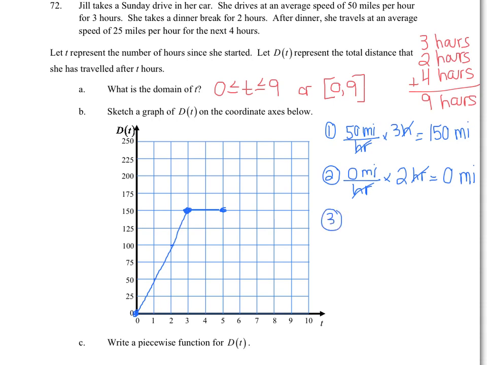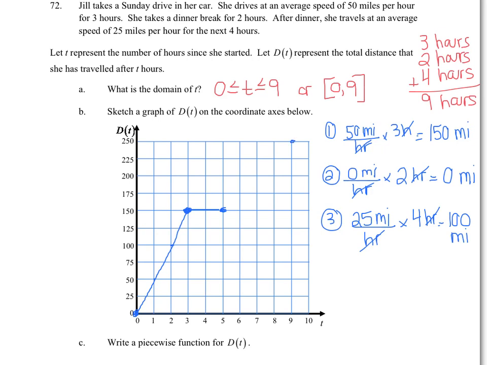Finally, with the third part, she's traveling 25 miles per hour for a total of 4 hours. 25 times 4 is 100. So she travels 100 miles. So from 150 miles, for another 4 hours, she's traveling another 100 miles, meaning she's going to 250.